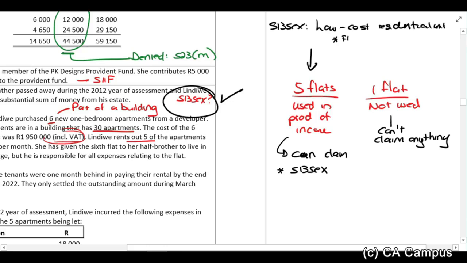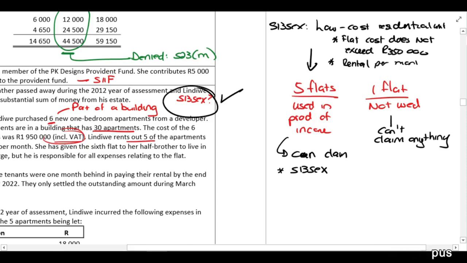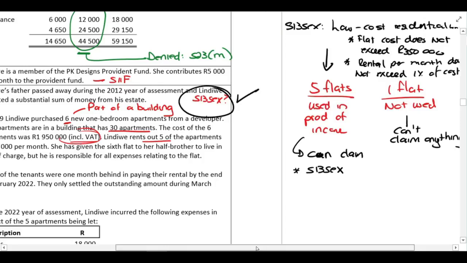The flat cost does not exceed 350,000. Rental per month does not exceed 1% of cost.